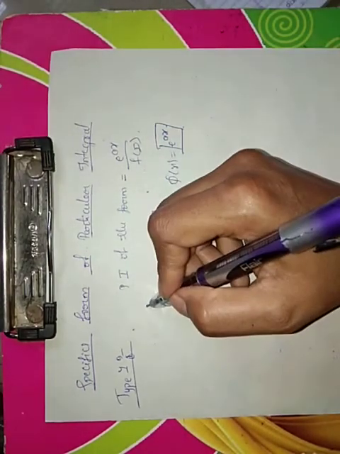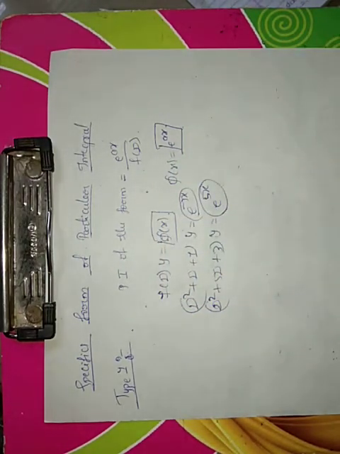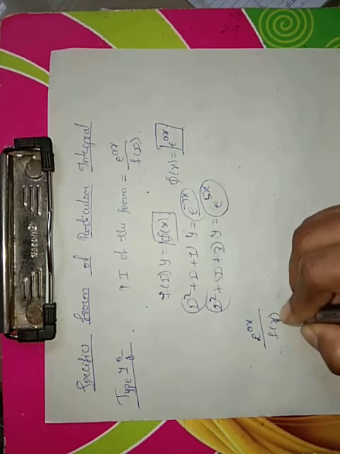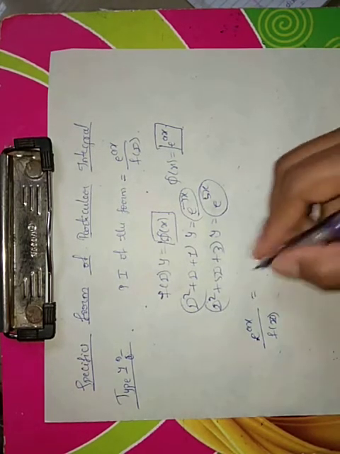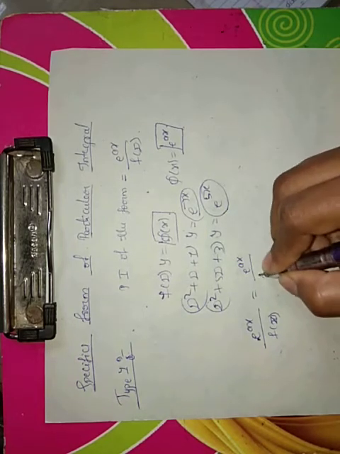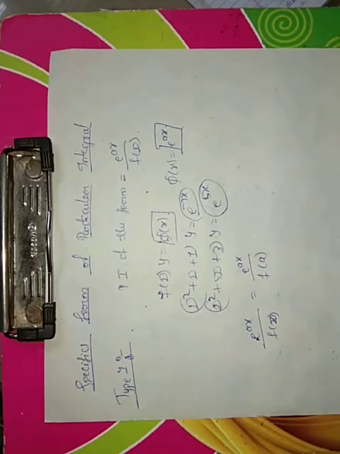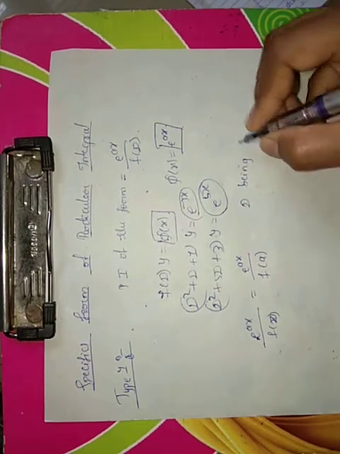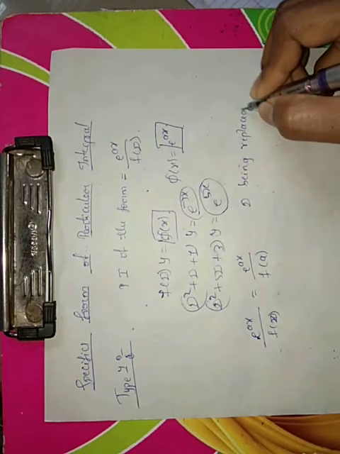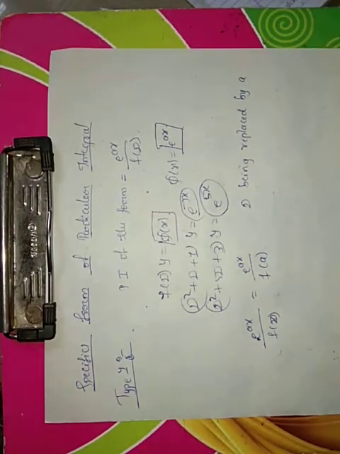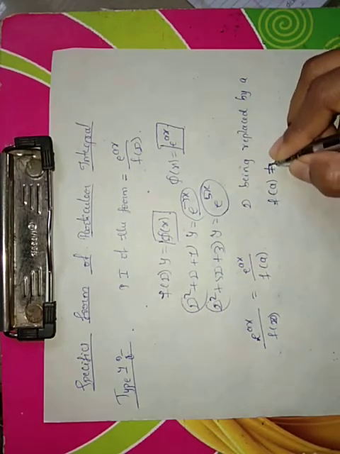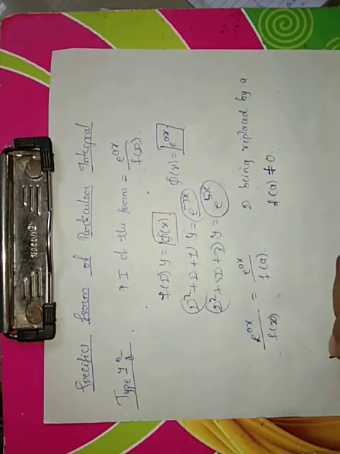So in type 1, how do we write down the particular integral? In this form, e raised to ax by f of D, you just have to replace D by a, and the condition is that f of a, after replacing, should not be 0.